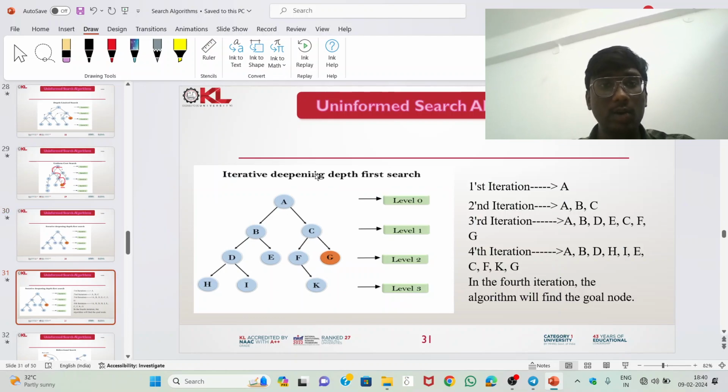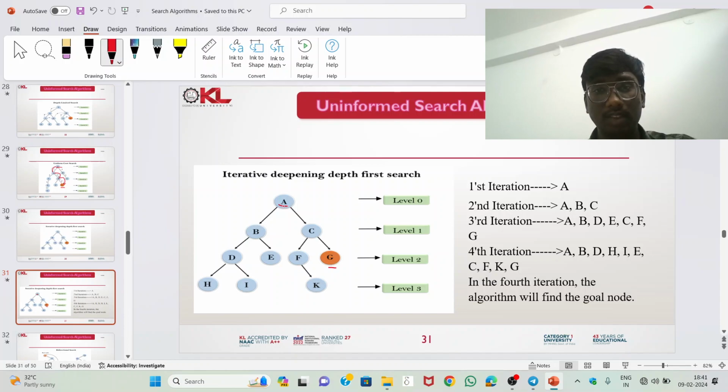Next, iterative deepening depth first search. It is similar to DFS, but the difference is that it goes to a limited depth only. Let us explain with an example. This is the root node and this is the goal node. We first check the root node. No, we have not reached the goal.